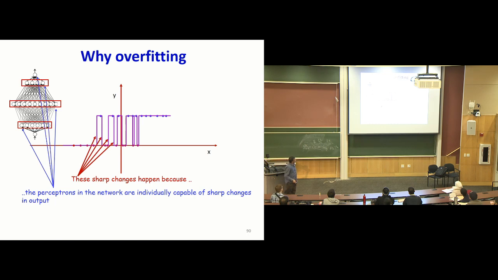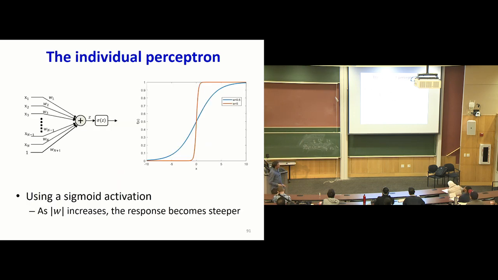That's because the individual neurons in the network are capable of arbitrarily steep change of value, right? If I were using sigmoids, for instance, you know this from your homework, if I scale up the weights, what happens? We did this in the quiz, right? What happens when you scale up the weights?